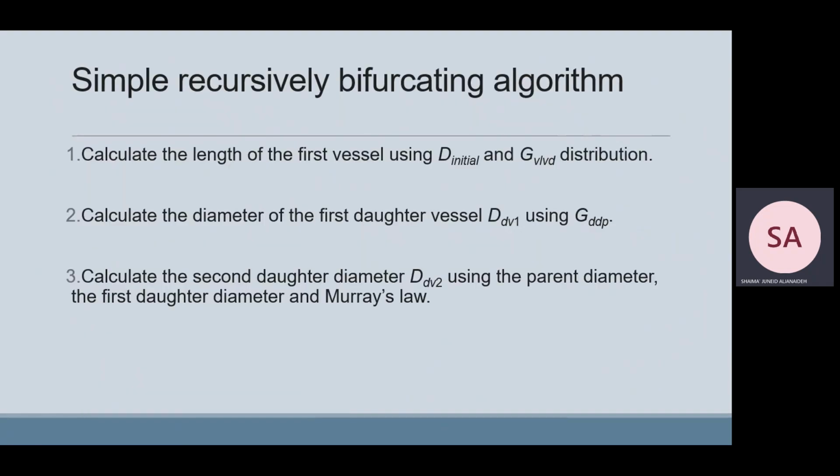The simple recursively bifurcating algorithm first calculates the length of the first vessel using the initial diameter and the VLVD distribution. Second, it calculates the diameter of the first daughter vessel using GDDP. Finally, it calculates the second daughter diameter using the parent diameter, the first daughter diameter, and Murray's law.